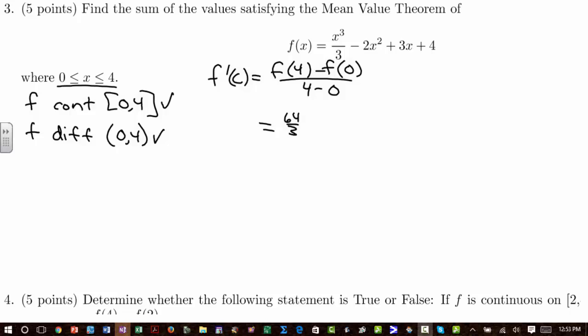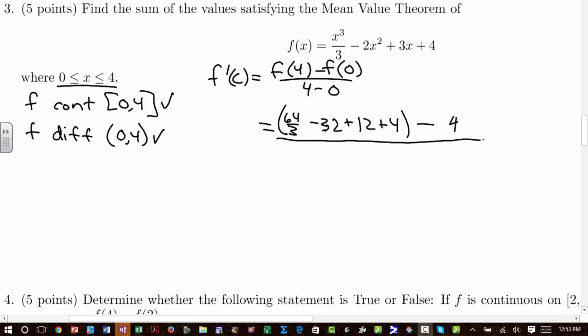All right, 64 thirds minus 2 times 4 squared, which is going to be 32. Plus 12 plus 4, minus the value of this function at 0, which is 4.